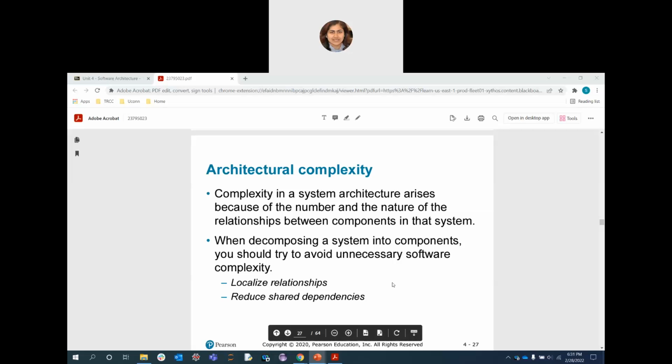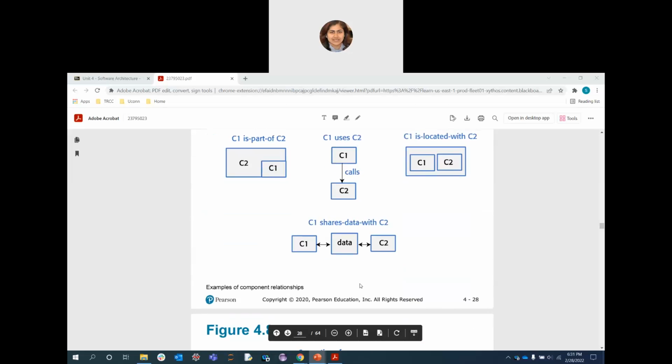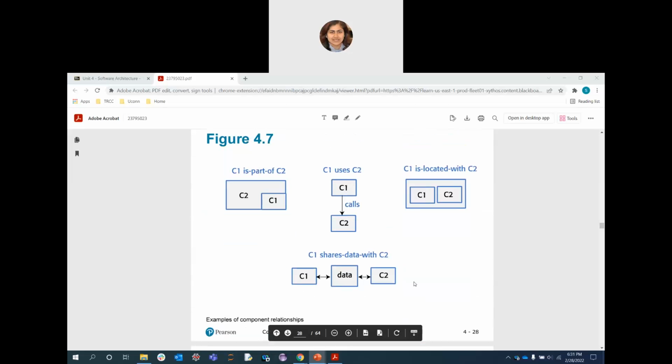So here in this figure, various examples of component relationships are shown, where the C1 component is a part of C2. C1 can call or use some aspect of C2. C2 may use some aspect or functionality of C1, or they can be located in one component together, or can share some sort of shared data among themselves.